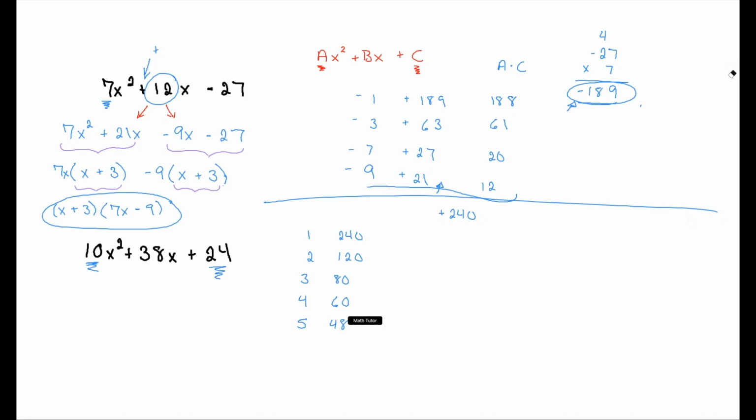Because 2 and 3 work, I know 6 works, and 40. It doesn't look like 7 works. 8 does work, 8 and 30.